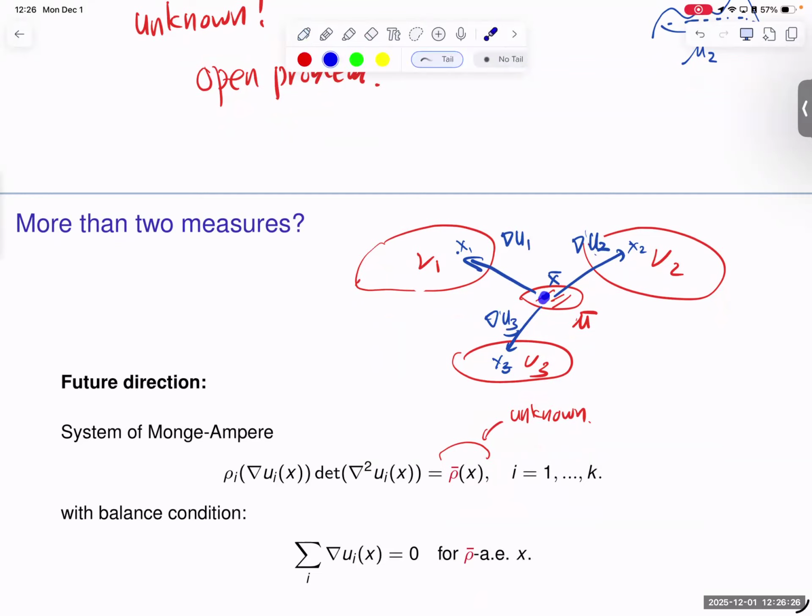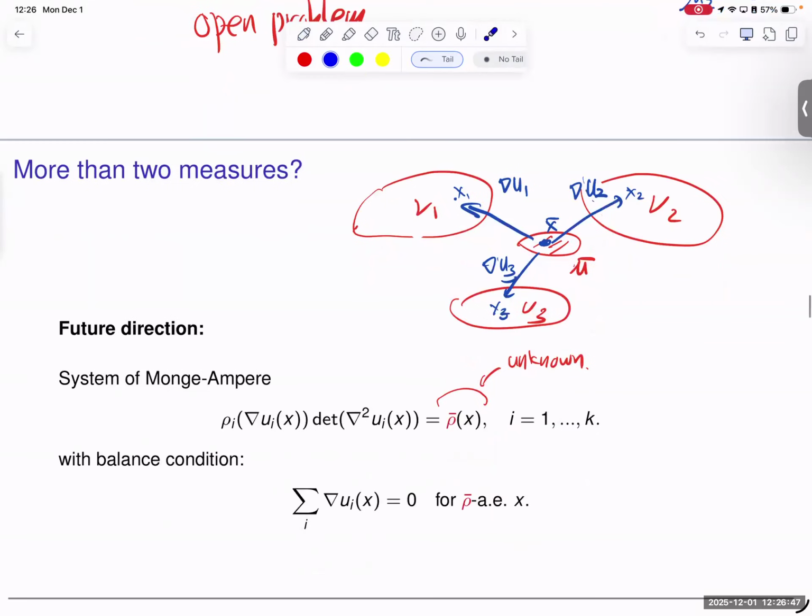At each point, these vectors corresponding to the displacements are balanced. Namely, this vector sum is 0.